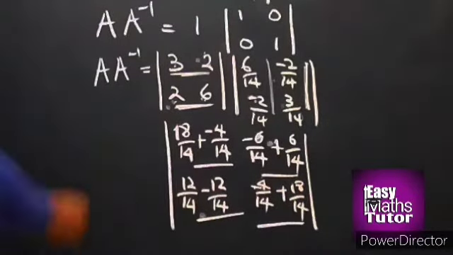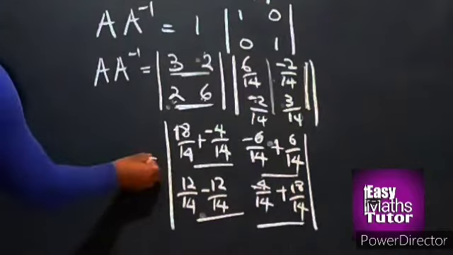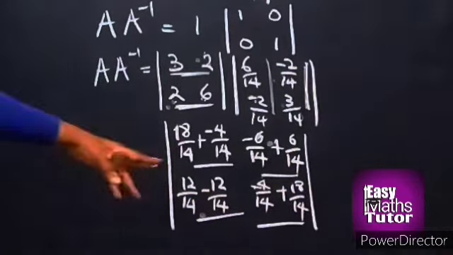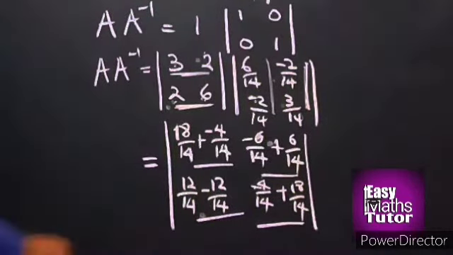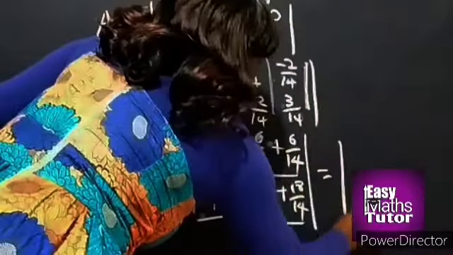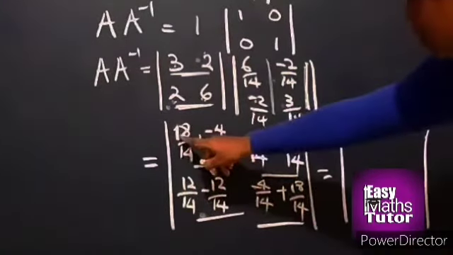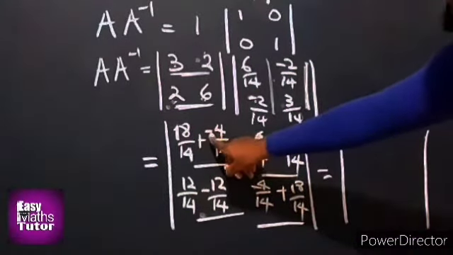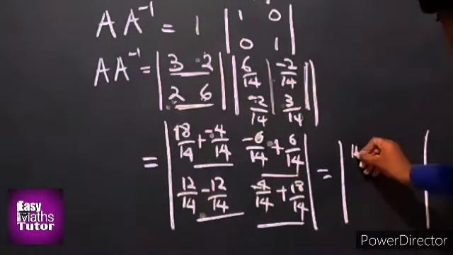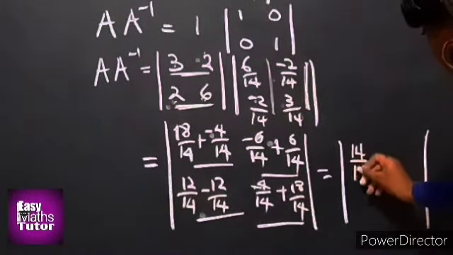So we've gotten our identity matrix. This will be equal to 18 minus 4, which gives you 14 over 14.